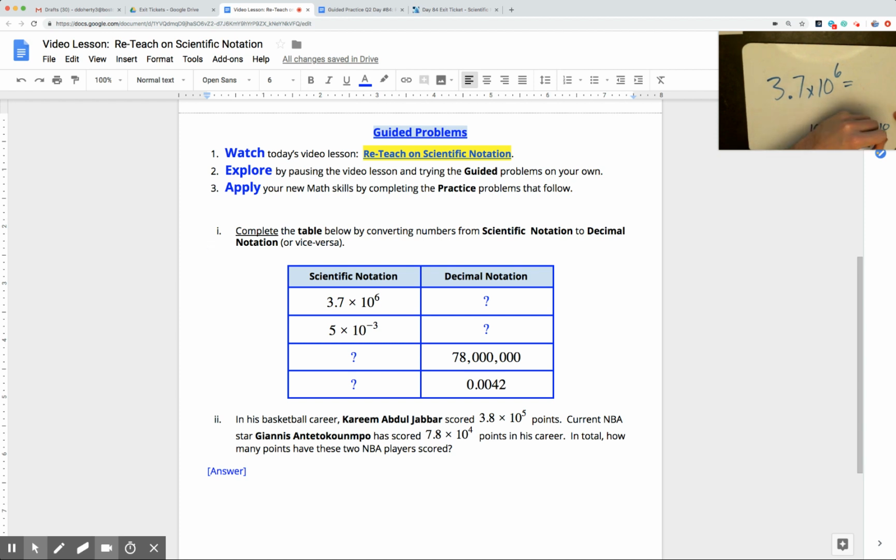Every time we multiply by a 10, the effect is the decimal moves to the right by 1 place. The first time we multiply by 10, 3.7 times 10, it just becomes 37 after we've multiplied by that 10. We still have 1, 2, 3, 4, 5 more to place. That gives us 3,700,000.